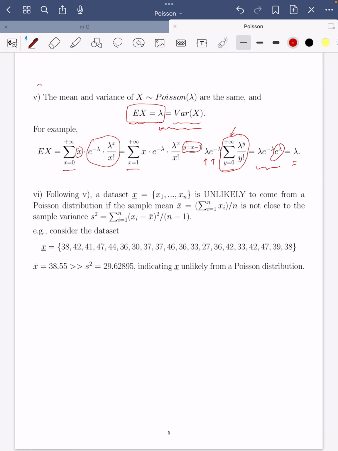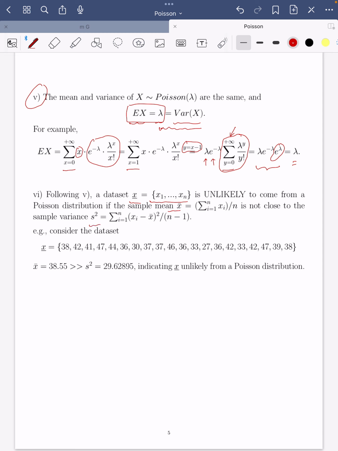Following property number 5, we can see whether a dataset comes from a Poisson distribution in the following way. From the dataset x1 through xn, we just calculate two numbers: one is the sample mean, the other one is the sample variance.